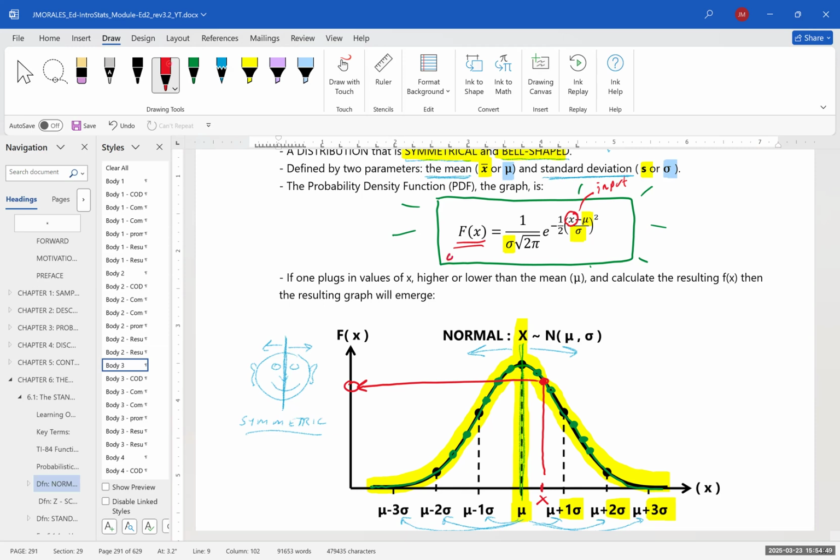So this would be your output. Now, your calculator is going to be using this equation for you, but I think it's important to know what your calculator is doing.